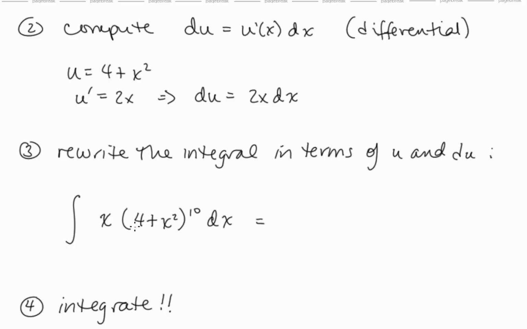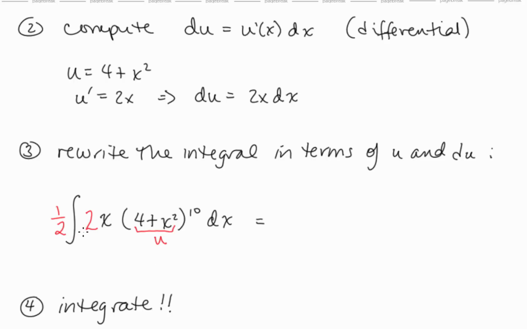We have a u inside the 10th power, and now we need to recognize a 2x dx so that we can put in du. Here we just have x dx, so we need an extra factor of 2. So I'm going to multiply a 2 inside my integral, but to compensate for that, I'm going to multiply a 1/2 on the outside. So now I'm multiplying by 1. This doesn't change the integral, it only changes how it's written.